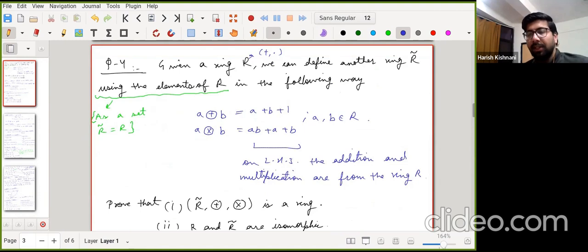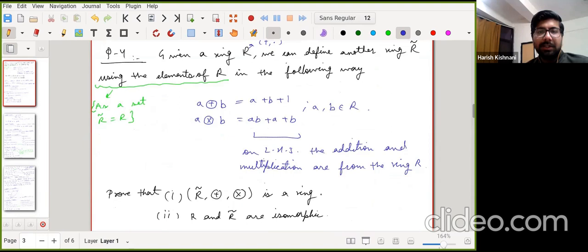And one more thing, in the beginning of the course, people just said this in their mind that 0 is our additive identity always, and 1 is always our multiplicative identity. They are just the symbols, the notations. And if you change the binary operations, then as an element, their role might get changed.